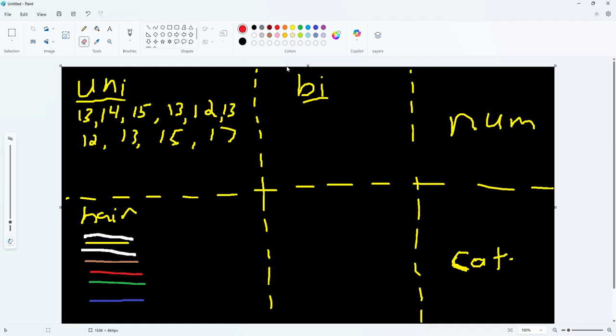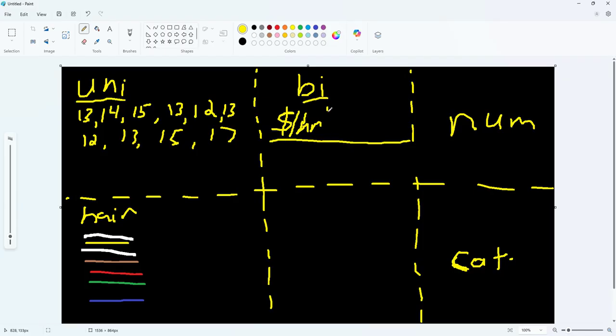Okay, so what about bivariate data that is numerical? You can do a combination of categorical and numerical in one of these, but I'm going to try to do a purely numerical one. So this would be the amount of money you earned, or we'll say the pay rate per hour you earned in each month.